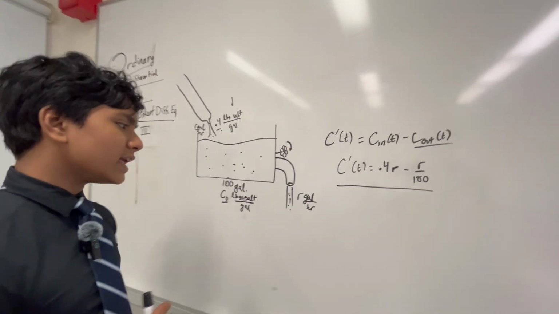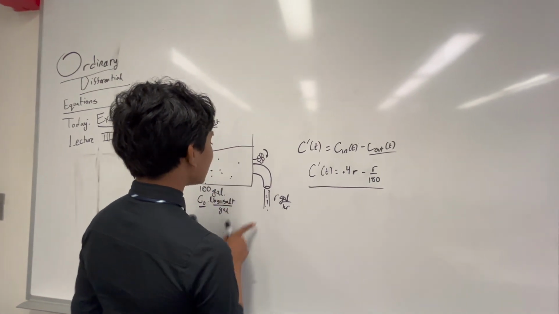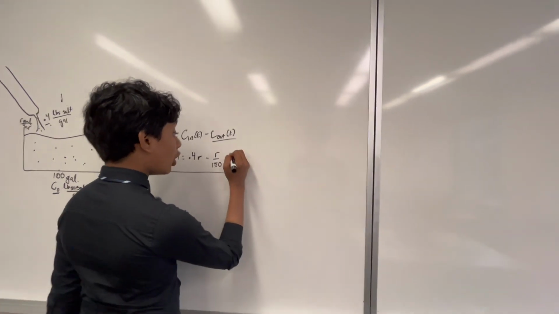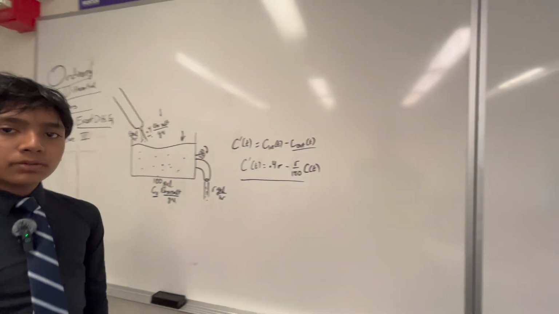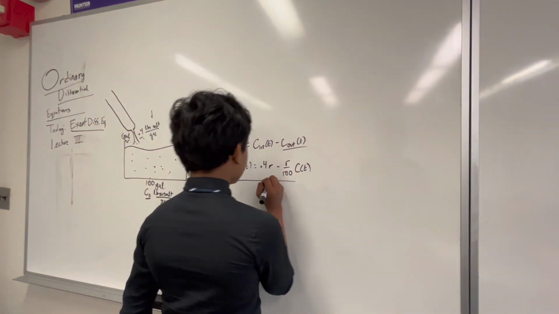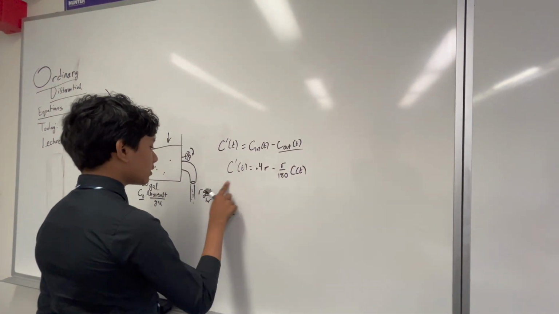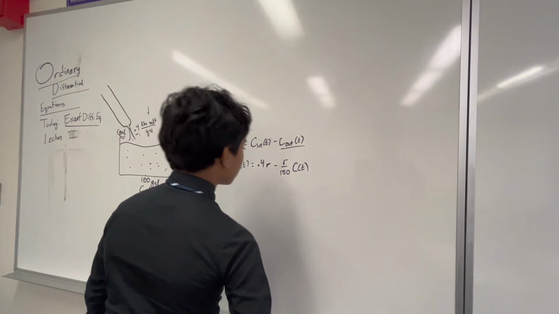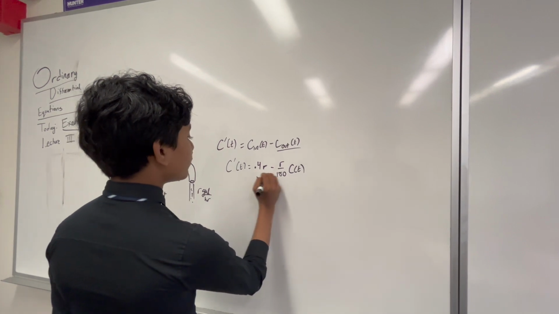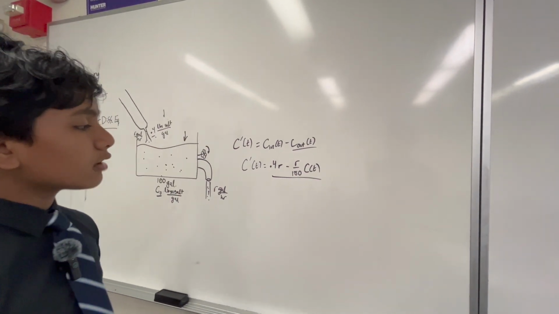When really, if you think about it, it's going to get more and less salty depending on what the contents are. So we have to multiply it by the concentration over time as well, just to ensure that this is accurate and changing. So then we get C prime of t is 0.4 R minus R over 100 C of t.